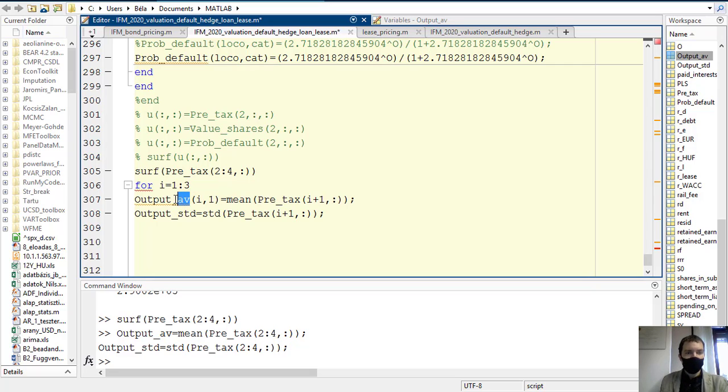But in this case, if we can do this, then the output will be just output. Because now we can define standard deviation as a secondary.